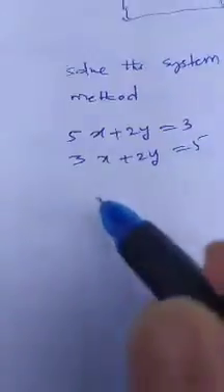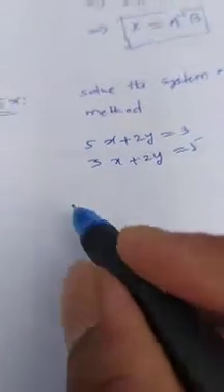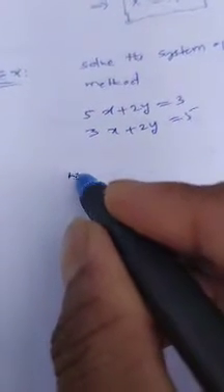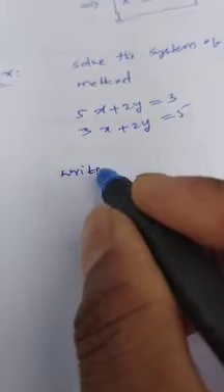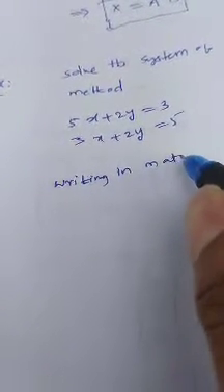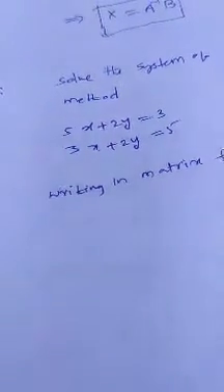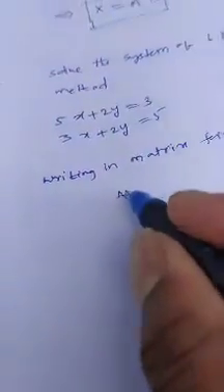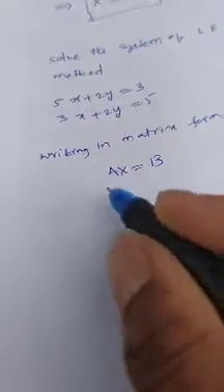Generally, by solving the equations you can find the solution. That is the general method. But here we are applying the inversion method, so you have to use the inverse of a matrix. So, writing in matrix form: A X equal to B. What is A?